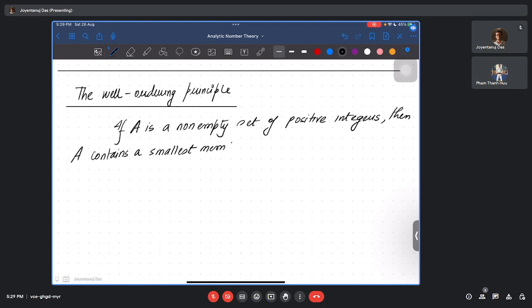So it says that if it is a set of positive integers, we can actually order the set, right? So that is the idea.